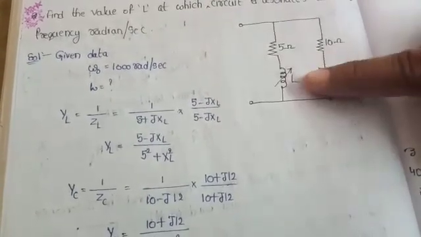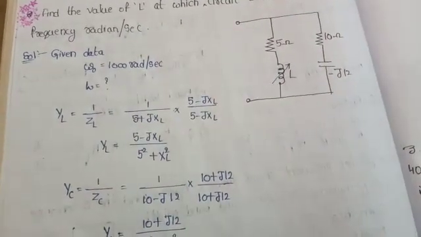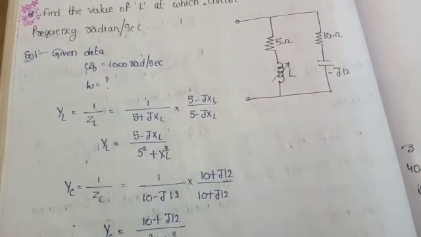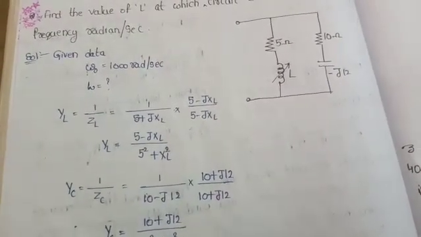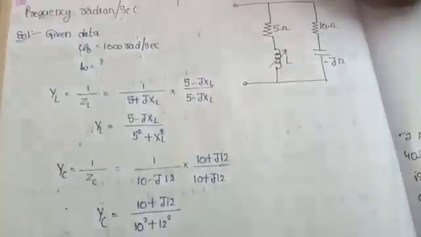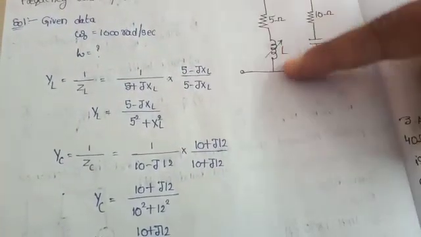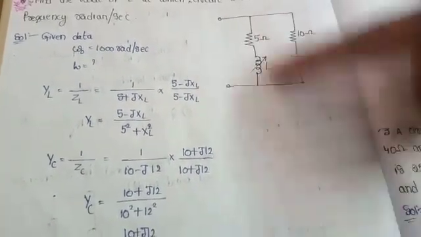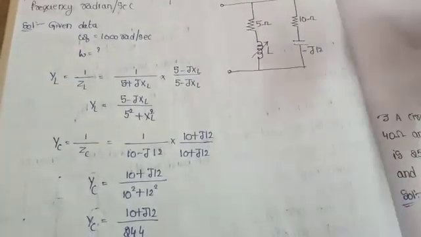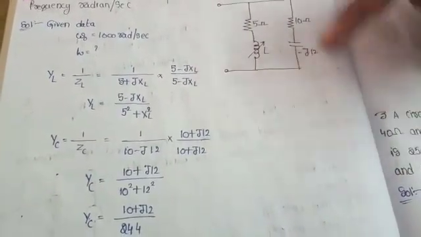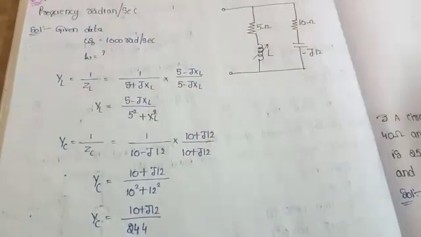Now we have to determine the L value. As we are determining the relation in a practical inductor and practical capacitor, we determine the individual impedance for this branch and this branch, add the two branch admittances, and then calculate the L value easily.